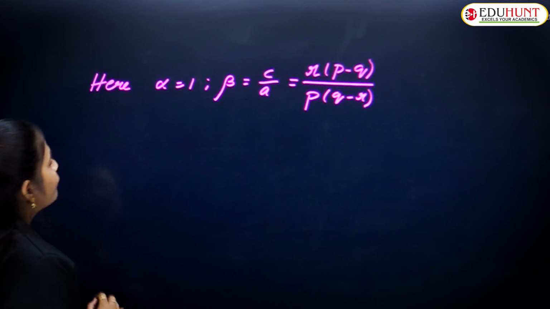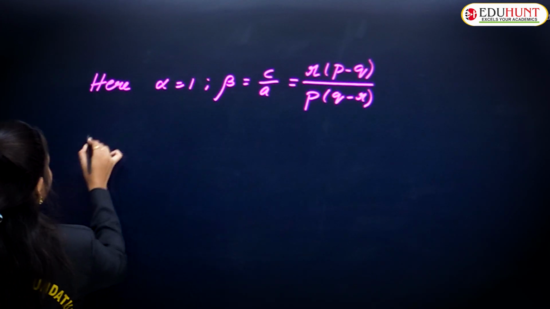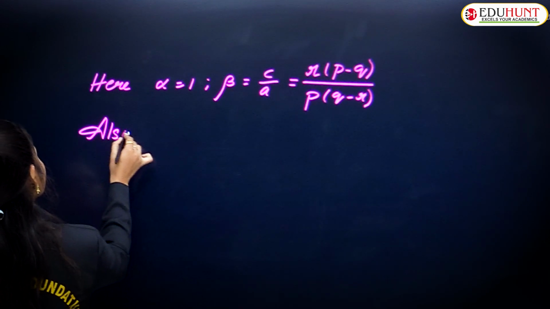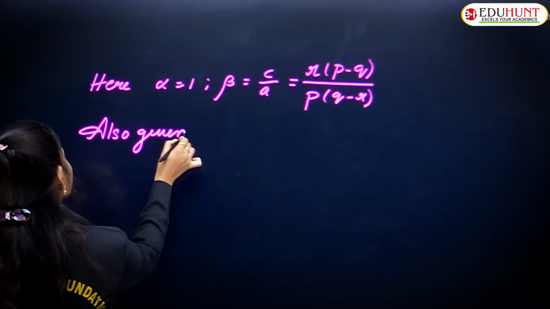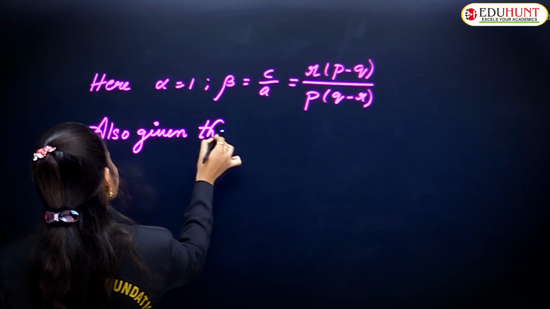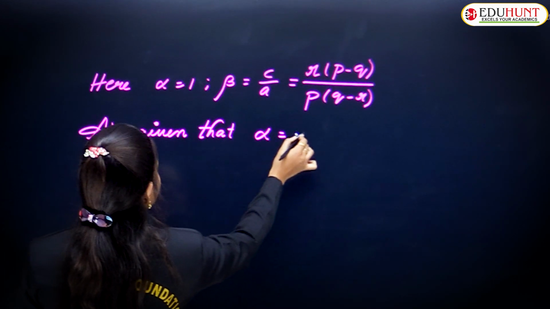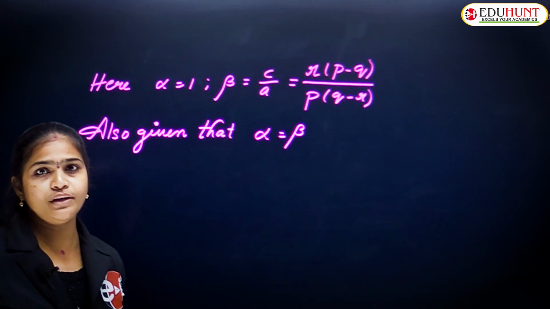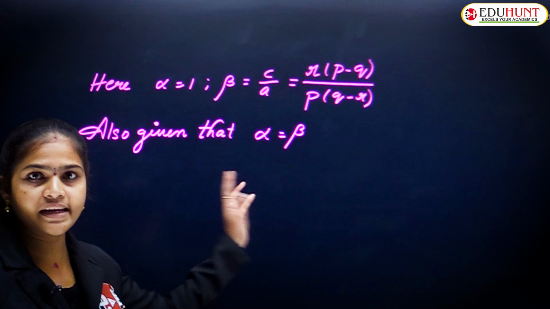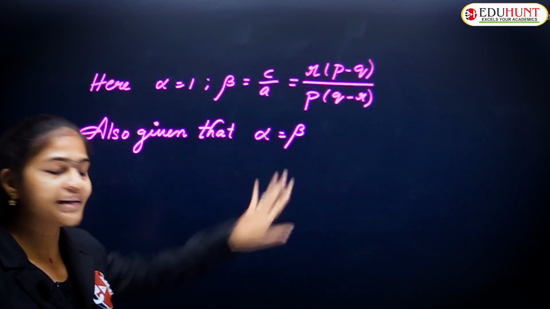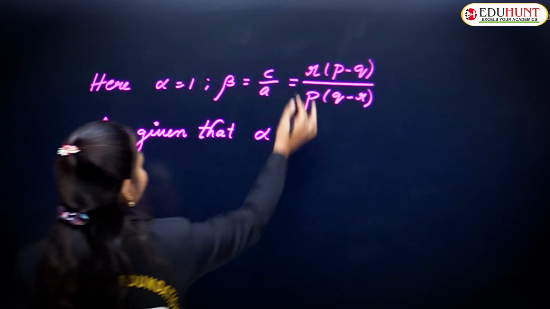From this condition, and also it is given in the question that alpha is equal to beta, the roots are equal, so we apply that condition here. So alpha is equal to beta.